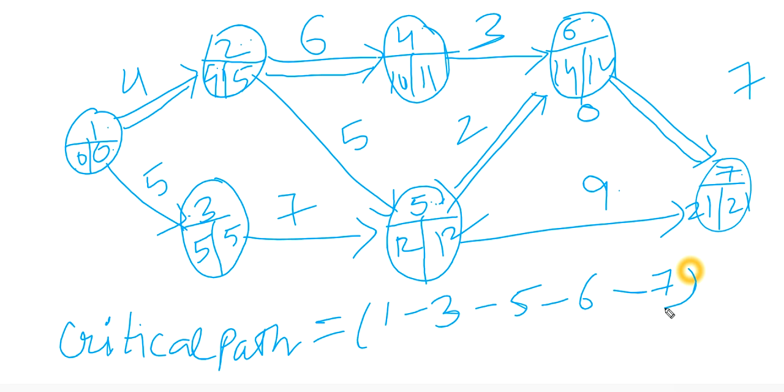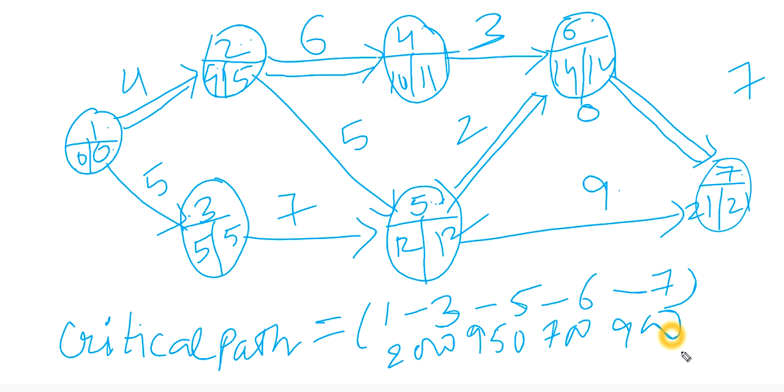So the cost per week for these activities is 1 to 3, 2,000, 3 to 5, it is 950, 5 to 6, it is 700, and 6 to 7 it is 900. So 5 to 6 and 6 to 7 we have already crashed.